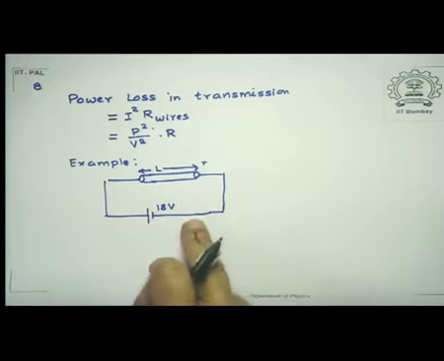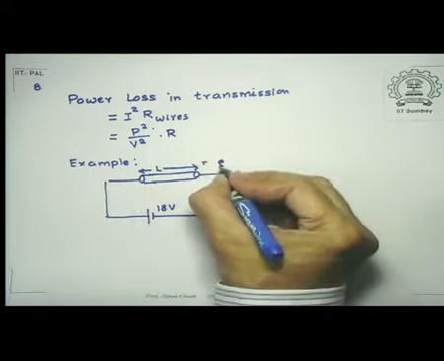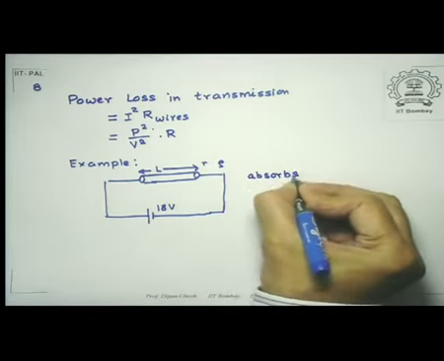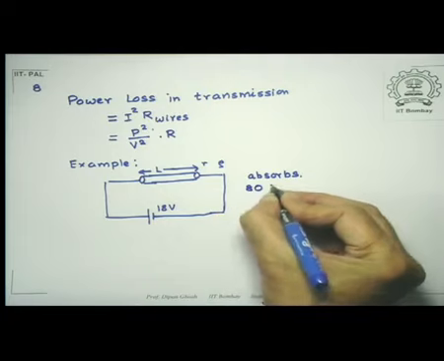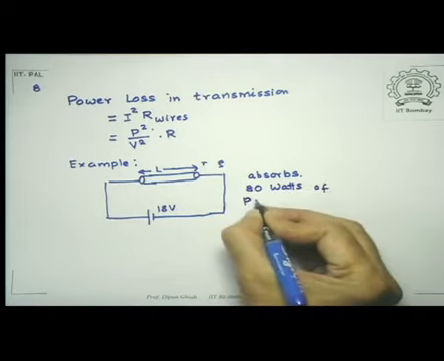And it is given that this resistor absorbs 80 watts of power from the source.